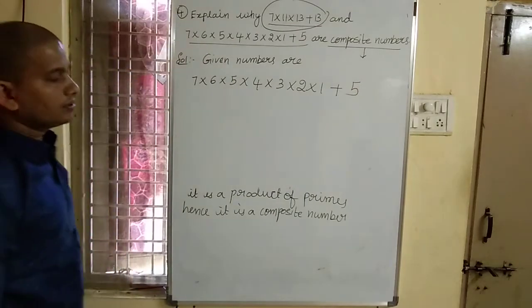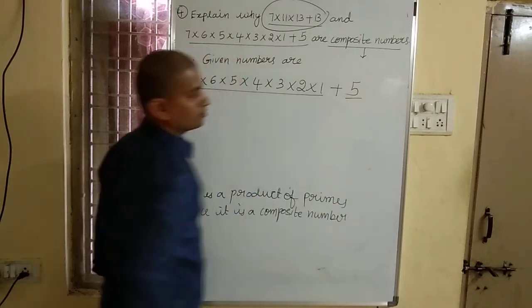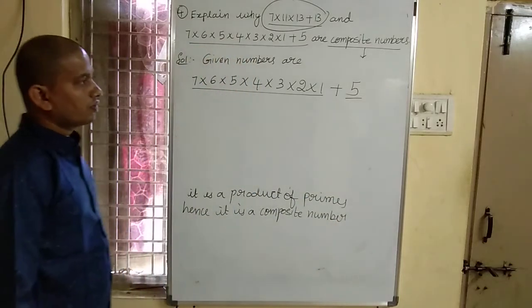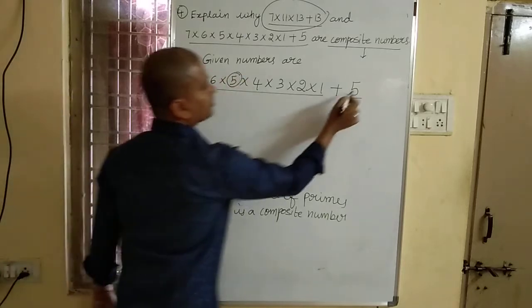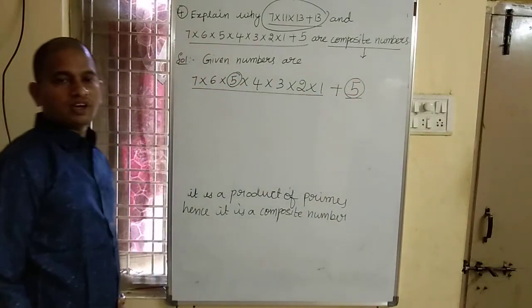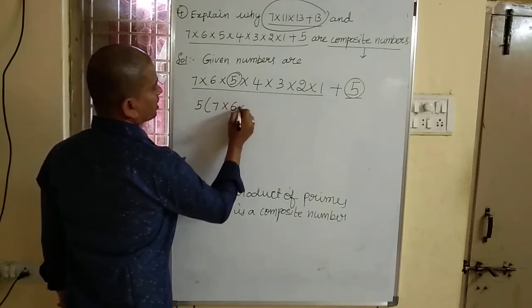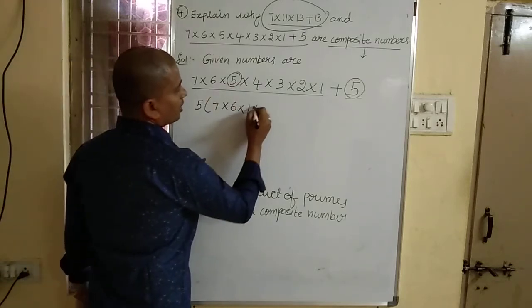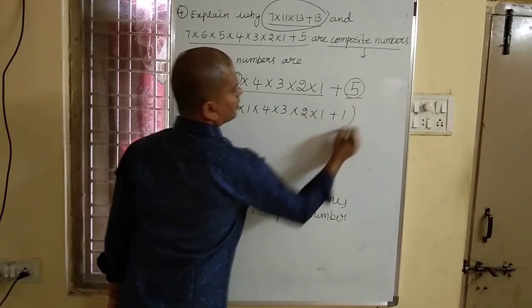This whole is one term and this is the second term. Among these two terms, 5 is common, so I can take 5 as common. So 7 into 6 into 1 into 4 into 3 into 2 into 1, plus 1.